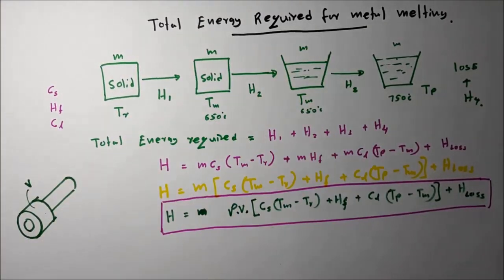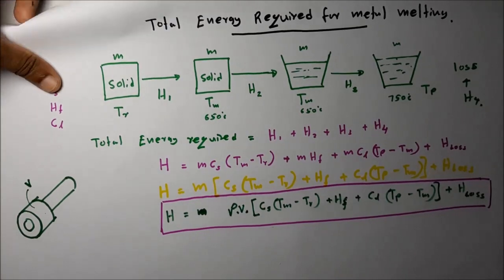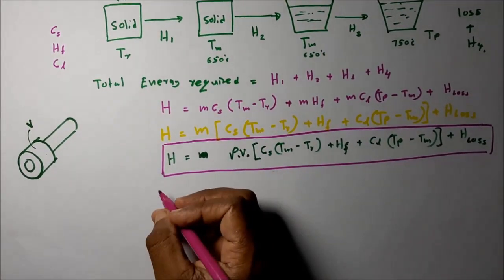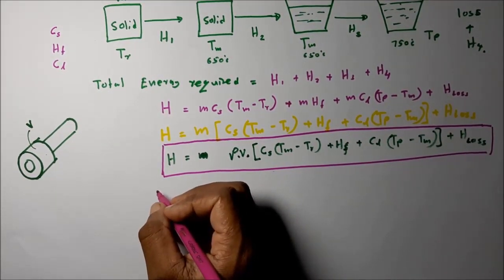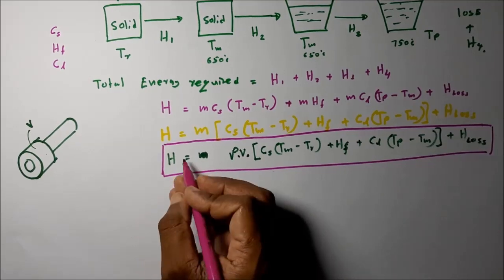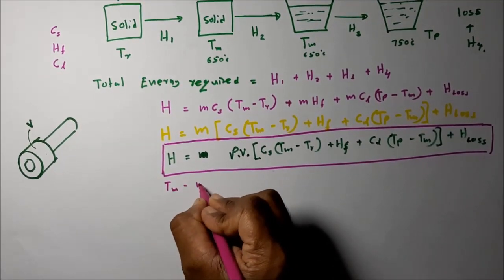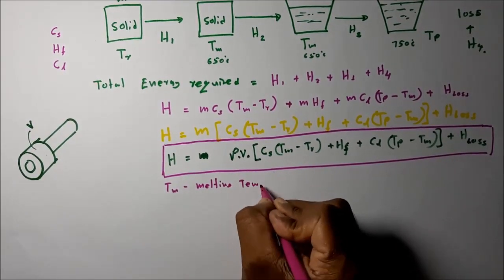That means the total energy required for metal melting. This calculation is very important. Okay, then I will write these terms also. Tm, melting temperature.